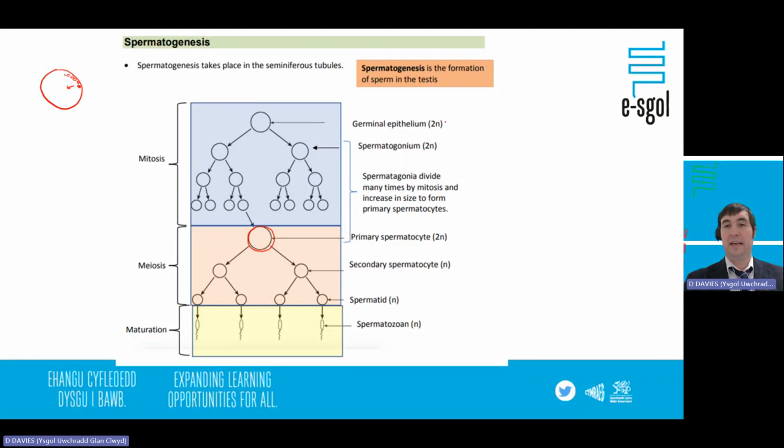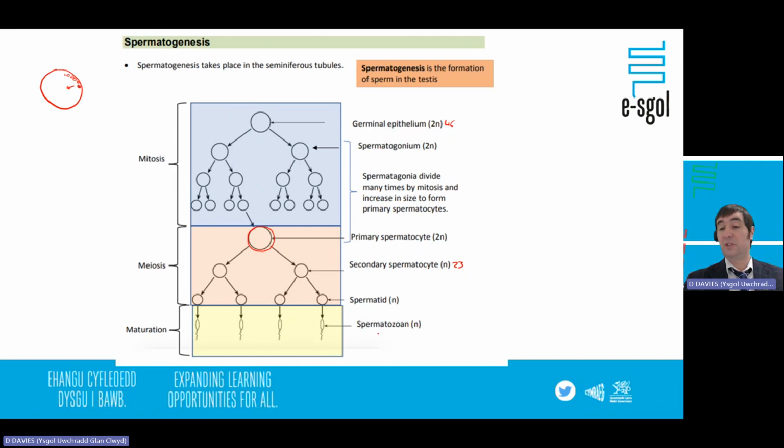So our 2n number is 46, obviously, and our n number is 23, the number of chromosomes, so diploid number, haploid number. Then maturation occurs, so they mature, or they will specialize into spermatozoa.